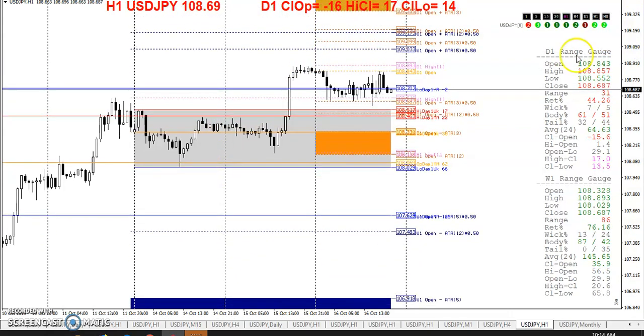But what we're really looking for is we had the daily open. See, price hasn't hit that ATR yet. And price hasn't hit this one. So for the 3 days that we've been trading, we really haven't had that much range, only 86 pips, and today's only 31.